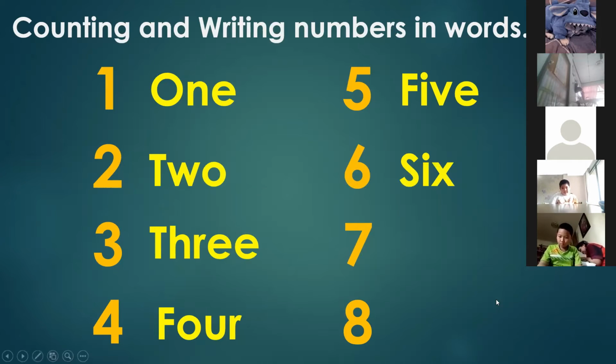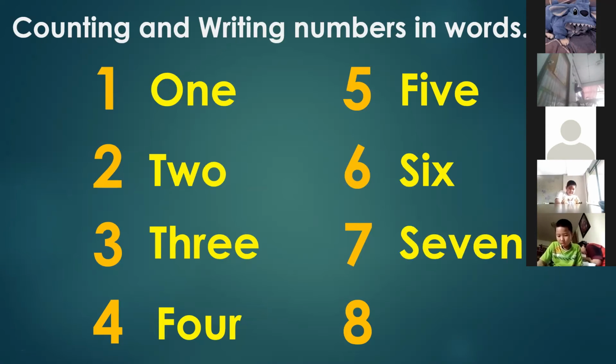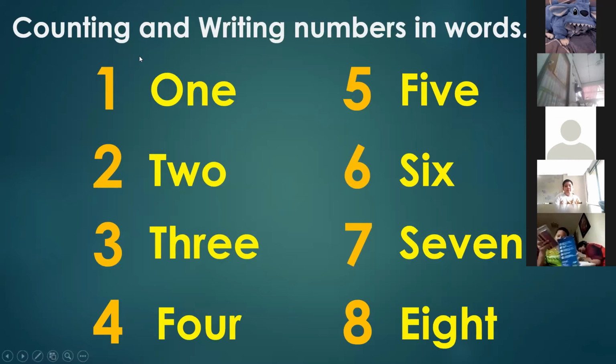SIX. Very good. And next number, we have number 7. How do we spell 7? SEVEN is how we spell 7. Okay, next is number 8. How do we spell 8? EIGHT. Very good.